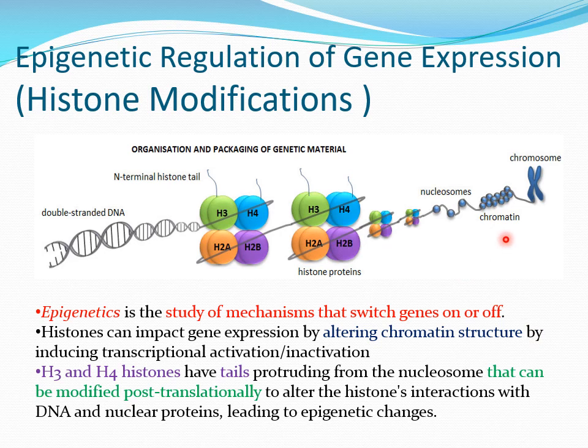As we all know, the nucleic acid, the DNA material in a eukaryotic cell has to be compacted within the confines of the nucleus in the form of chromosomes, and this is done by organization and packaging of genetic material, and certain basic proteins, the histones, play a crucial role in this process.